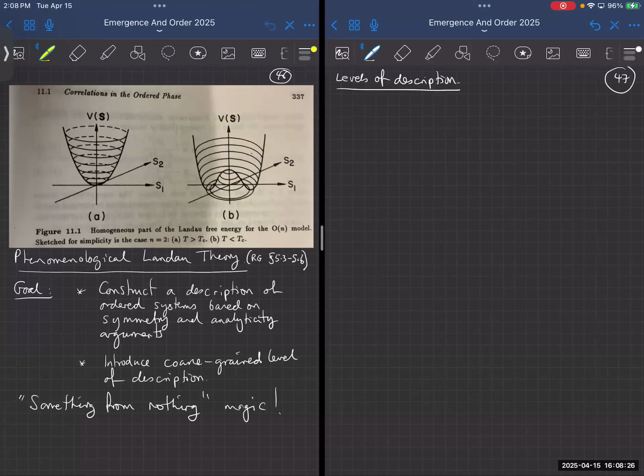So what I want to show you is this. Let's suppose that I have a spin system, which I'll draw as if it was in one dimension.